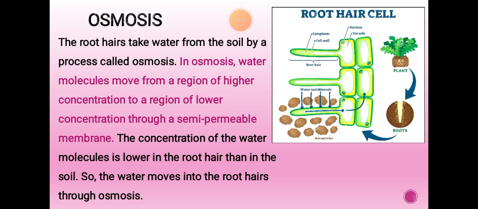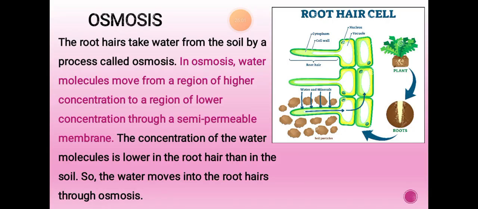The concentration of the water molecules is lower in the root hairs than in the soil. So, the water moves into the root hairs through osmosis. I hope it's clear to you now.